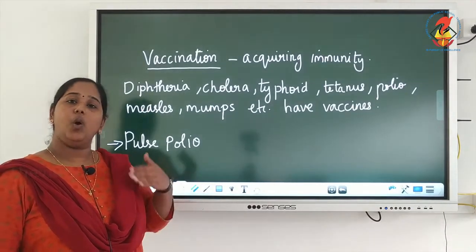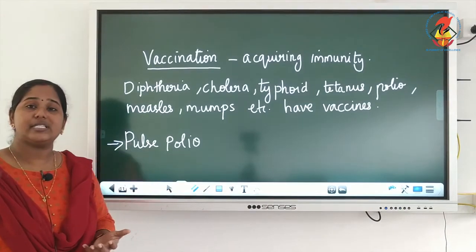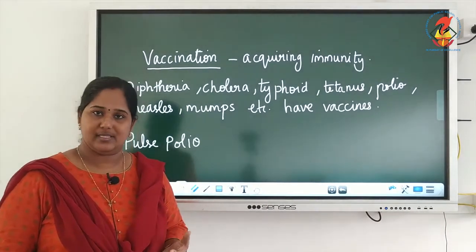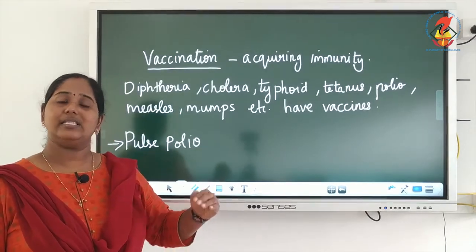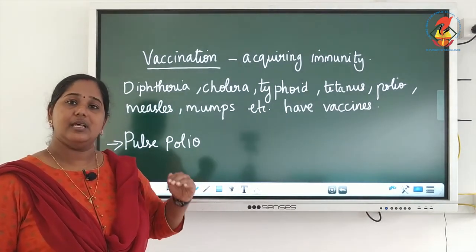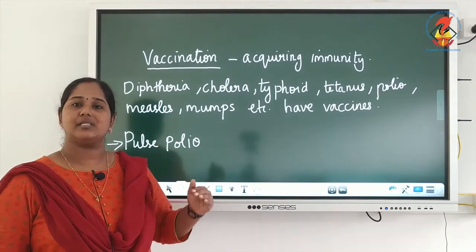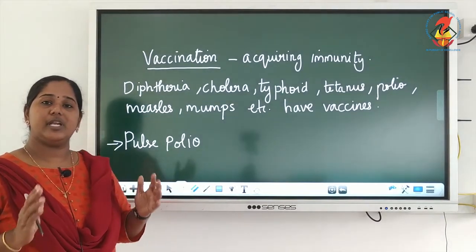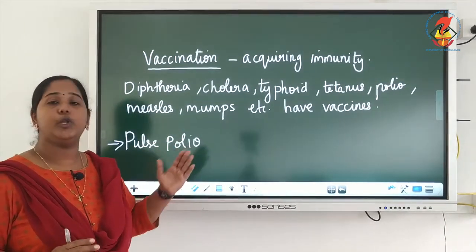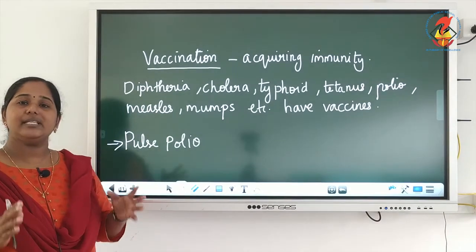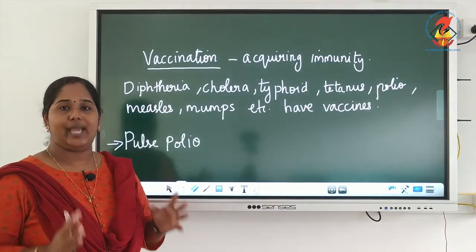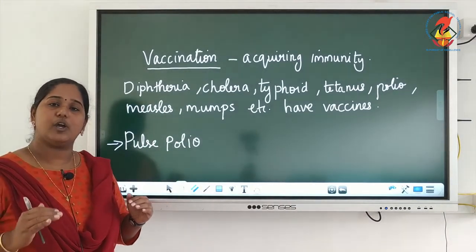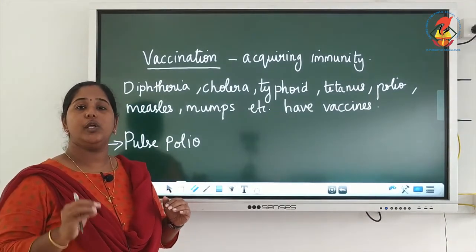And in olden days, there was a dreadful disease called polio. Polio is actually caused by a virus, and that virus attacks the person's spinal cord and makes the person paralyzed. So there was a time when the future generation had a threat of this polio disease, and the government adopted a pulse polio campaign by which all the children under the age of 5 years are given polio vaccine.